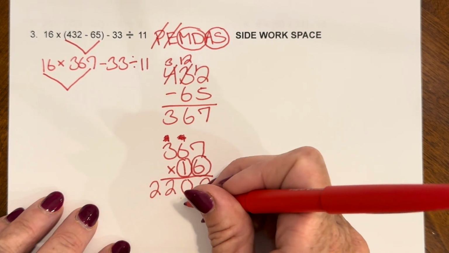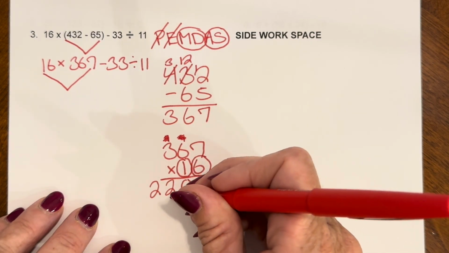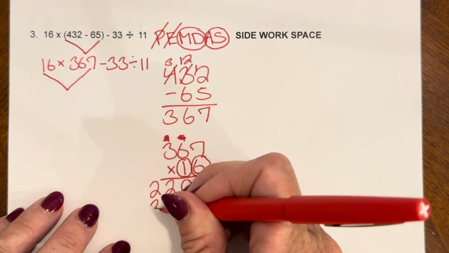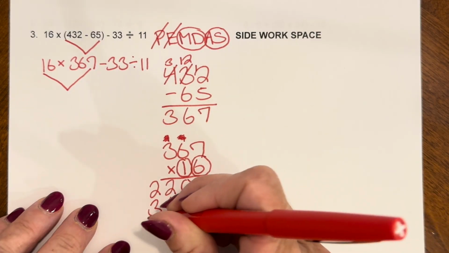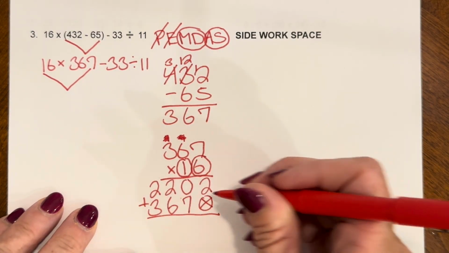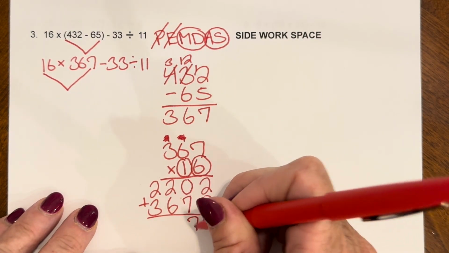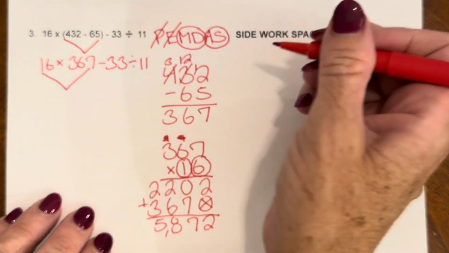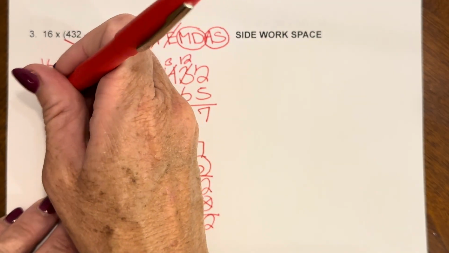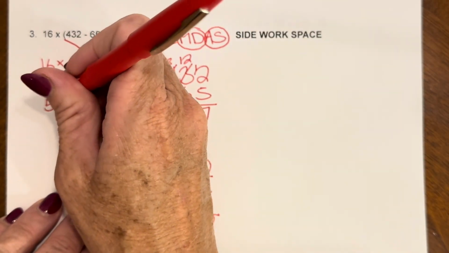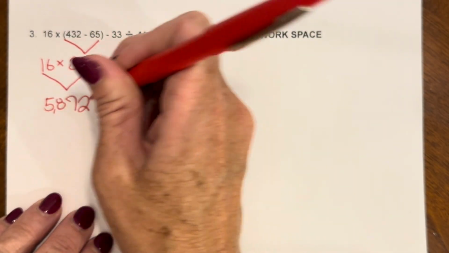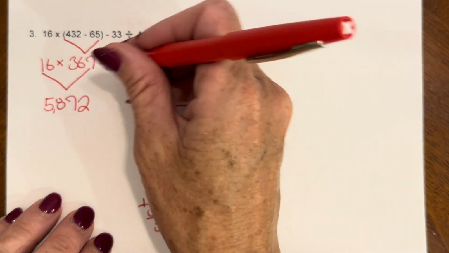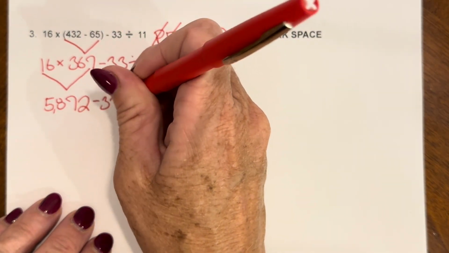So I have 1 times 7 is 7, 1 times 6 is 6, and 1 times 3 is 3. And I have a placeholder. So I have 2, 7, 8, 5. So 16 times 367 is 5,872. And I'm going to copy everything else down.